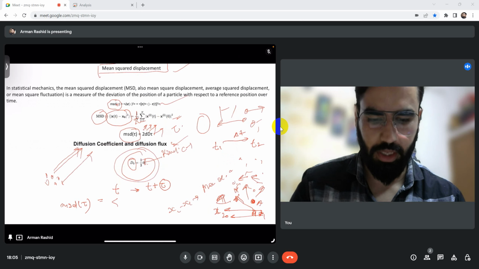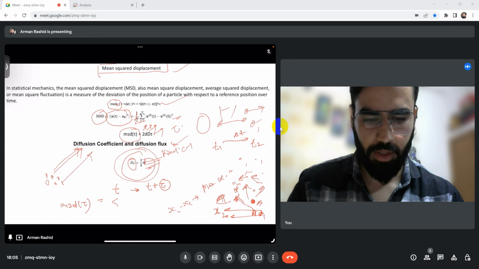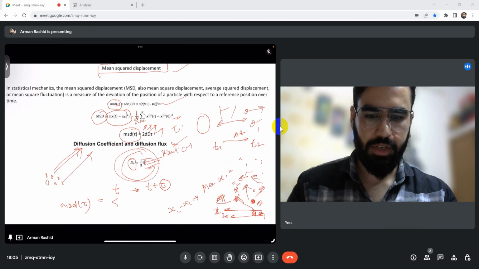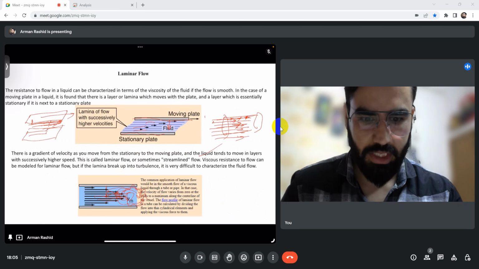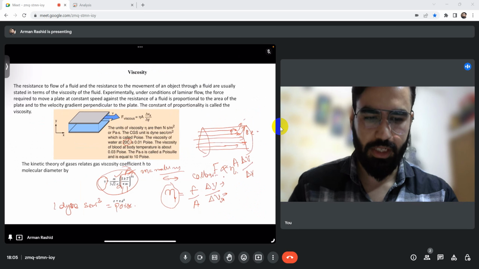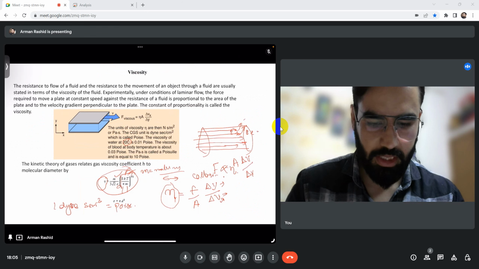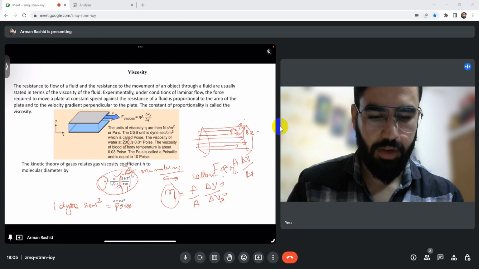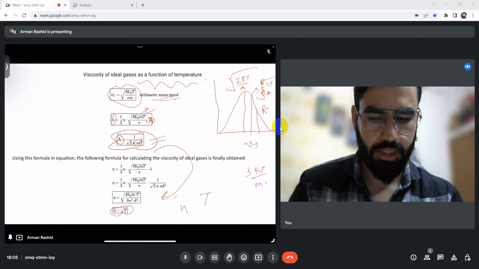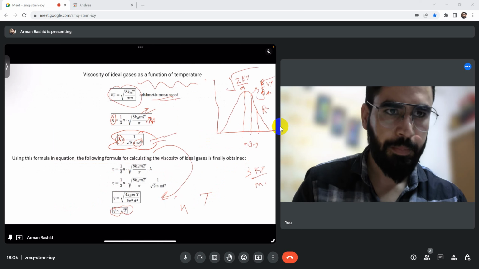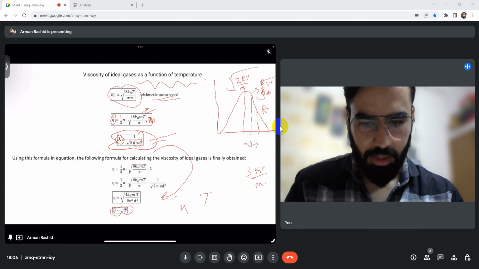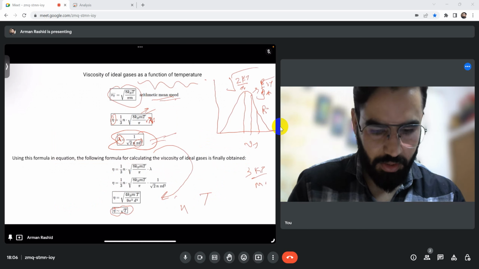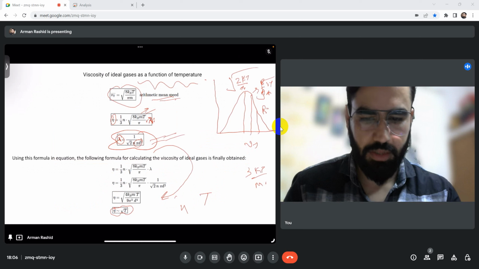We will be using this equation today. Then the difference between laminar and turbulent flow, what viscosity is and what viscous force is generated, how viscosity can be related to the molecular diameter, so that using the molecular diameter we can calculate the viscosity, and how viscosity changes as a function of temperature.